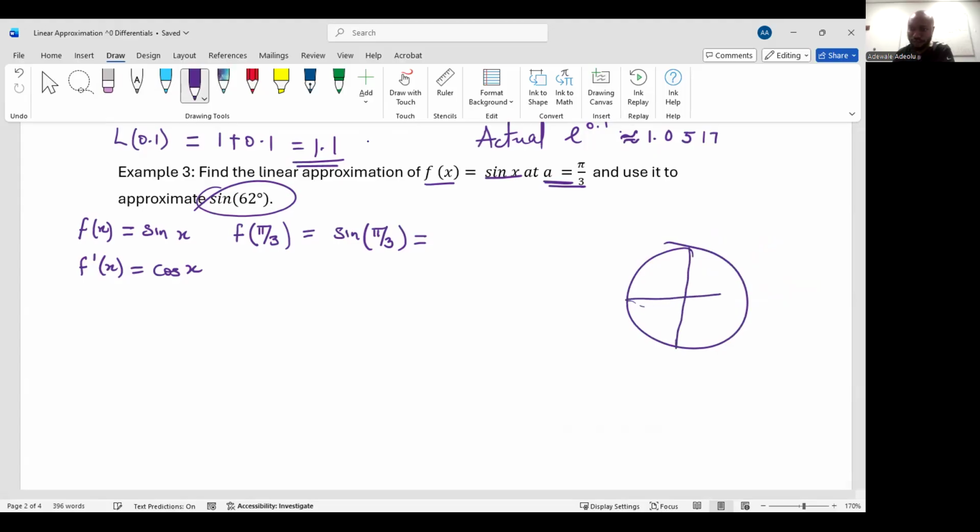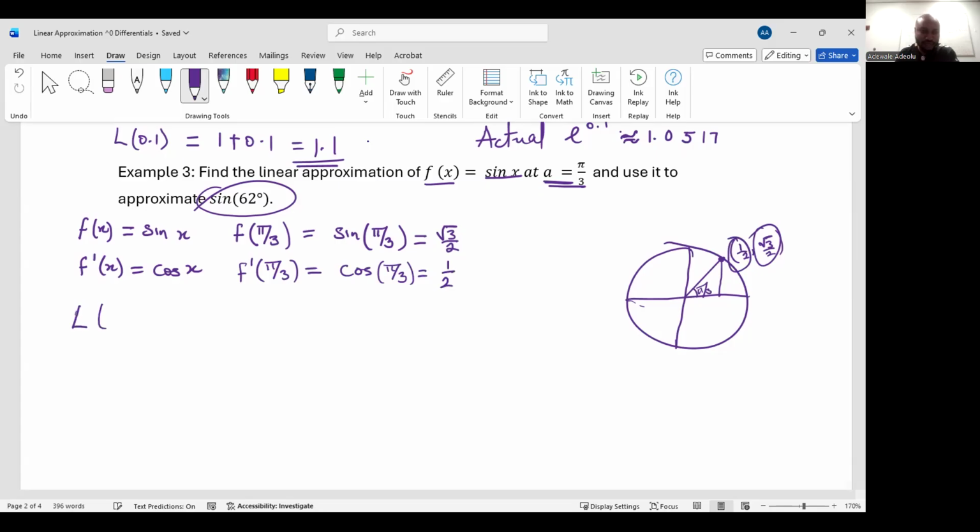From our unit circle, we have something like this. So this is pi over 3. So now, the terminal points, we have 1/2 and root 3 over 2. So since it is sine, that is root 3 over 2. Okay, f prime of pi over 3 is, let us see, cosine of pi over 3, which is the x component of this, and it is 1/2.